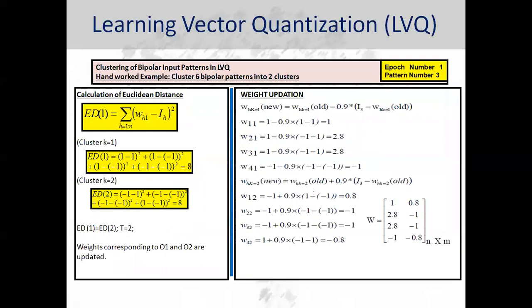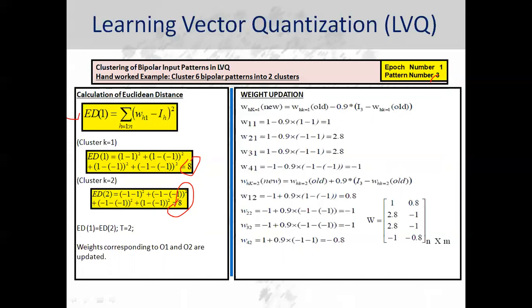Now pick up the third pattern. We picked the third pattern of the given input space, and again applied the Euclidean distance formulation, and found the Euclidean distance for cluster number 1. It comes out to be 8. Cluster number 2, again, it comes out to be 8. So both distances are equal. It means we have to consider both as the winners. So both are winners and we need to update their weights according to whether the actual target class is the same as the winner cluster or not.